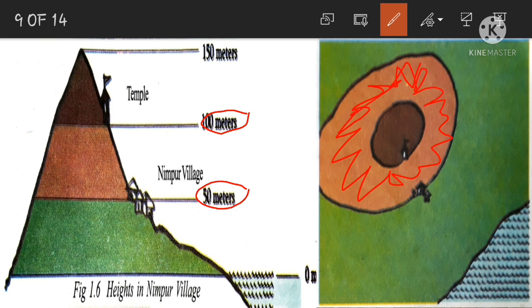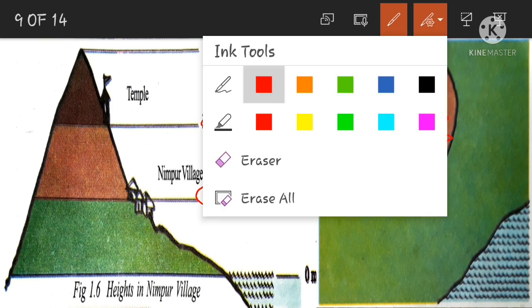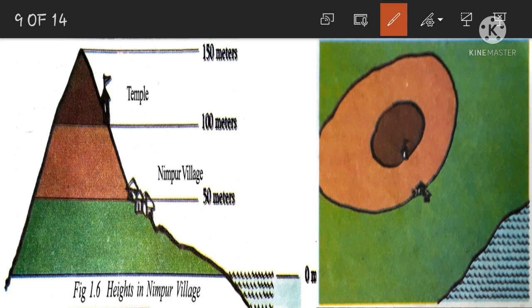It means that this orange region is 50 to 100 meters above the sea level. The final area is from sea level to the houses.